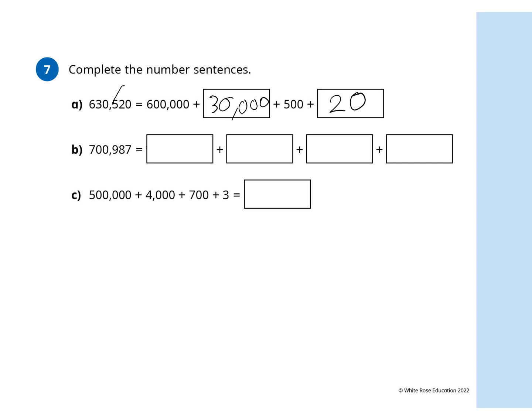Let's write our 700,000 here. Then you've got 900, 80 and 7. And then for this last one, let's read the number together, separate our thousands and hundreds, tens and ones. So we've got 500,000 and 4,000. That's 504,000. 703.